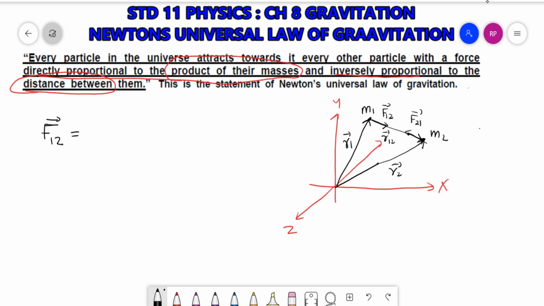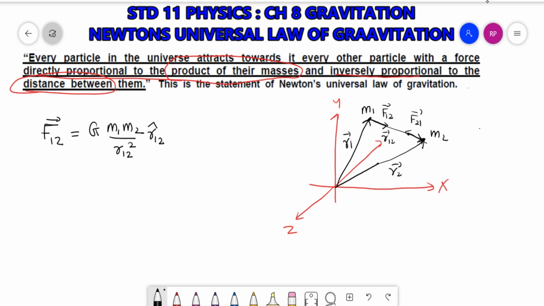So this will be equal to G m1 m2 upon r12 square, in the direction of r12 unit vector. This is the force acting on 1 due to 2.